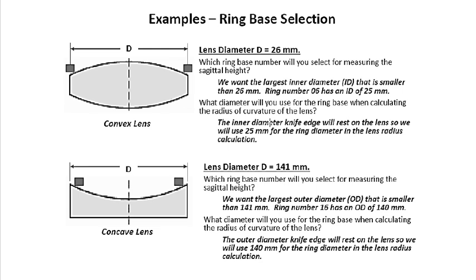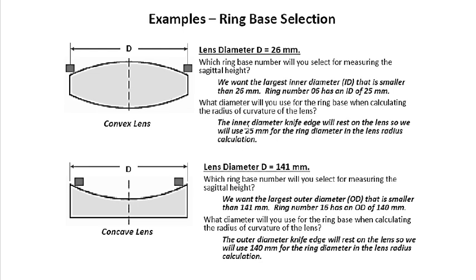Okay, so what diameter will you use for the ring base when calculating the radius of curvature of the lens? Now we're going to reverse that. The question is asking what diameter will you use for the ring base. So now we want the ring base diameter when calculating the radius of curvature of the lens.